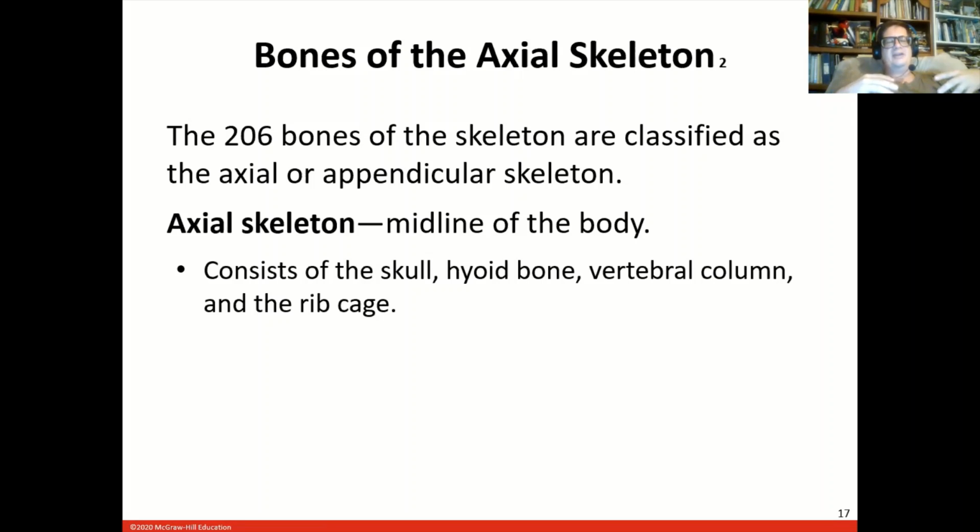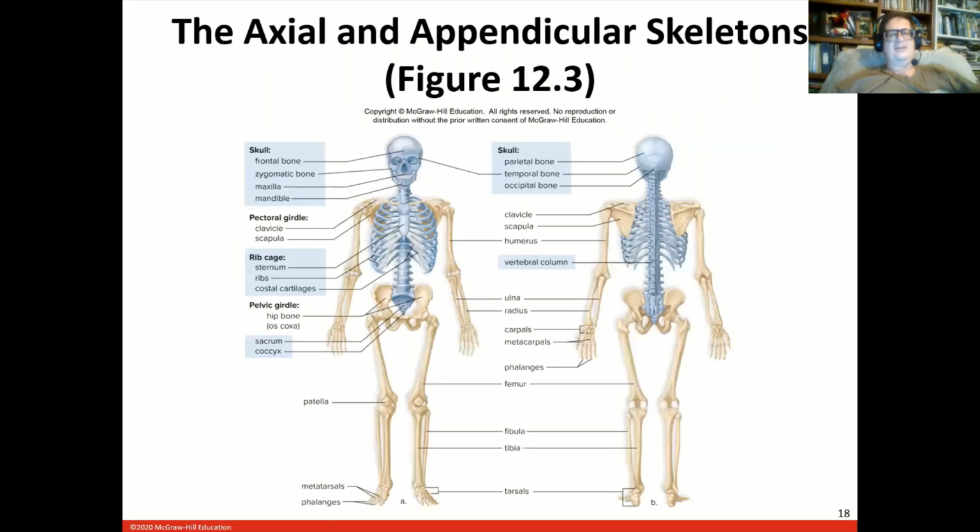The appendicular are just like in a book, they have the appendices. The appendix is the thing you add on. It's sort of like, here is us, and oh, we added on the arms and the legs. So the parts of the arms, legs, the hands, the feet, that's your appendicular skeleton.